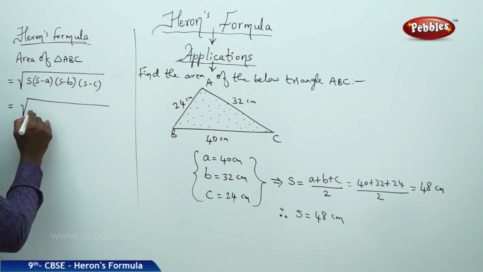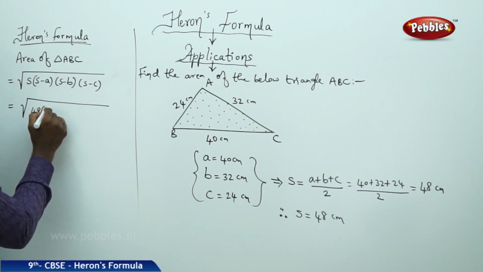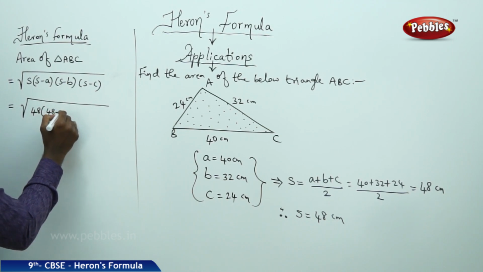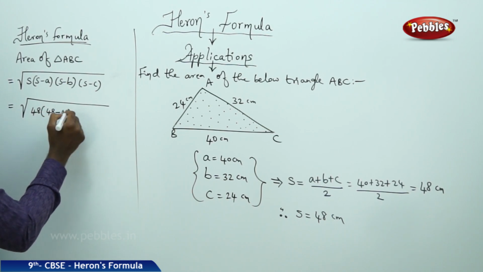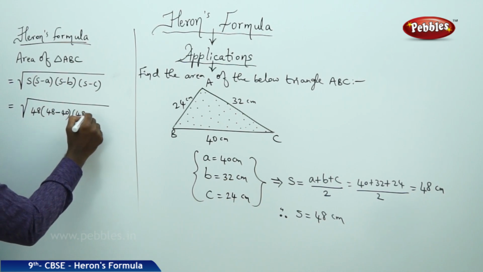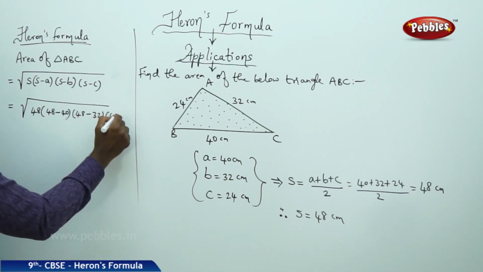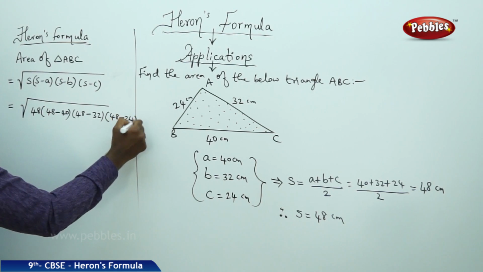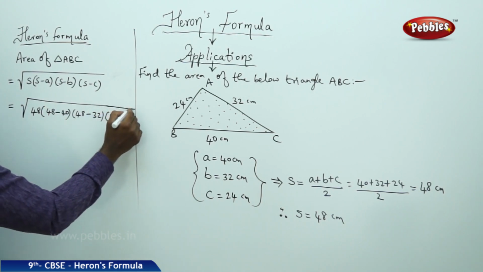So S is 48 and S minus A is 48 minus 40, S minus B into S minus C.